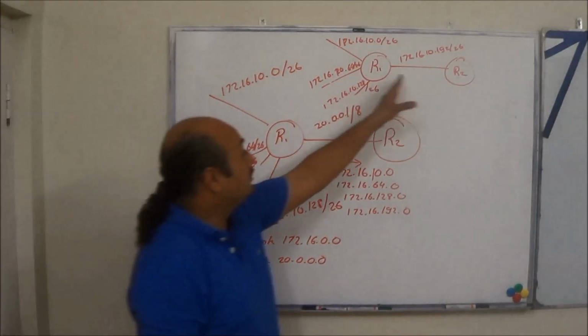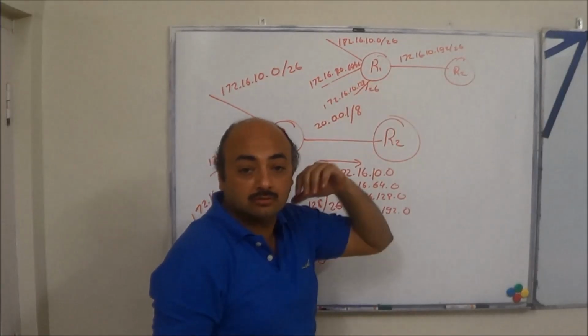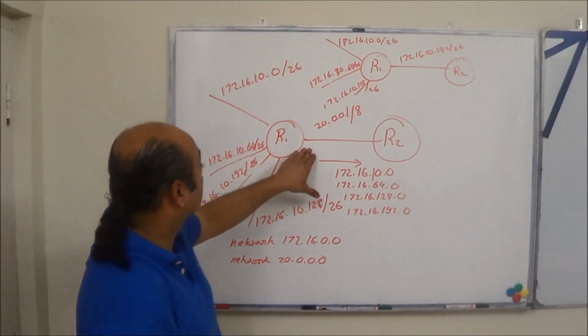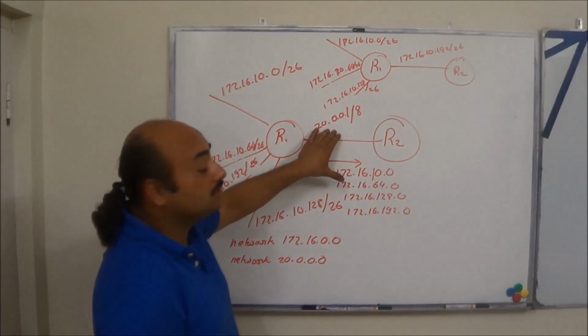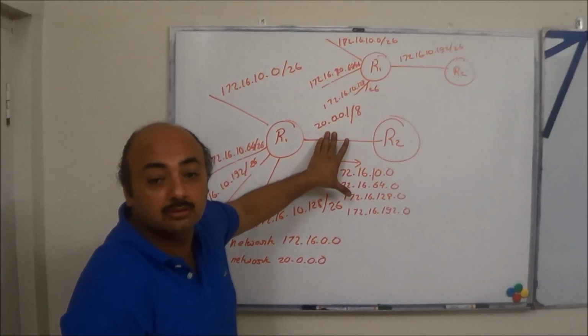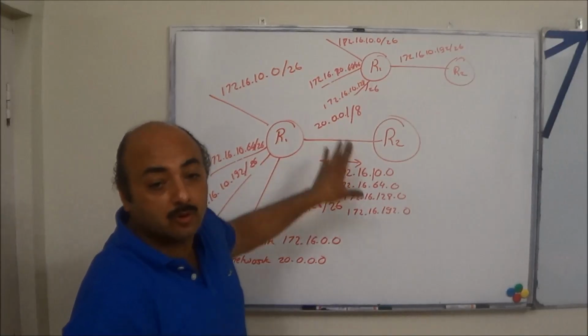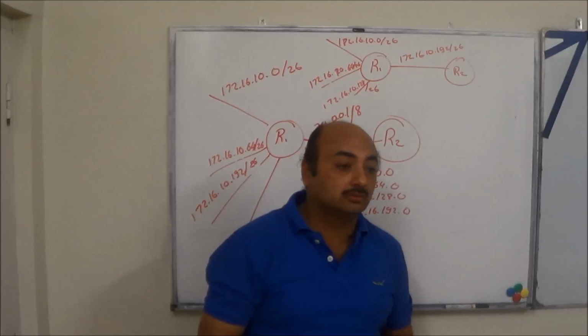So this link on R2 was still coming from the same network. Whereas in this case, all these are on the same router, and this is a different network. So what is the property of RIP? It automatically summarizes at network boundaries.